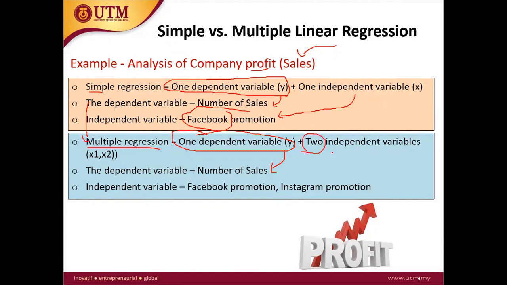For this case, we only consider two independent variables that influence the sales. First is Facebook promotion. Second, maybe promotion through Instagram. This is an example of simple versus multiple linear regression.